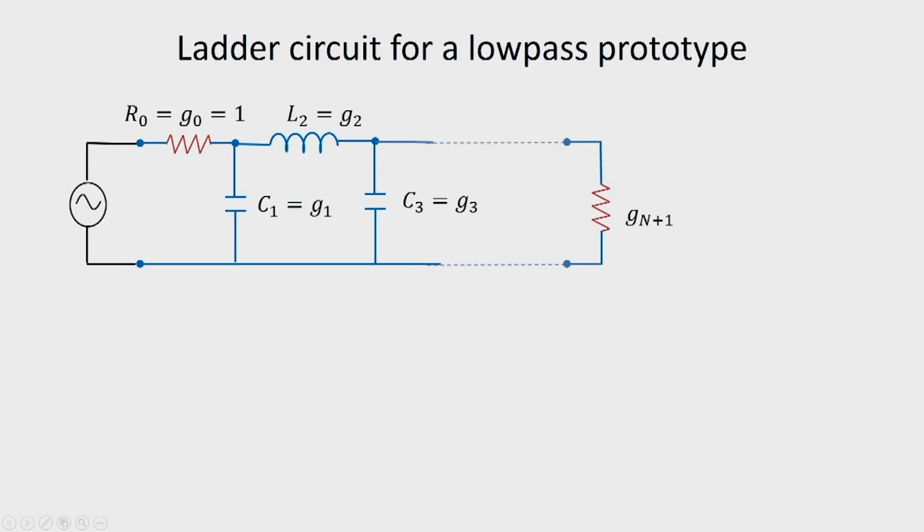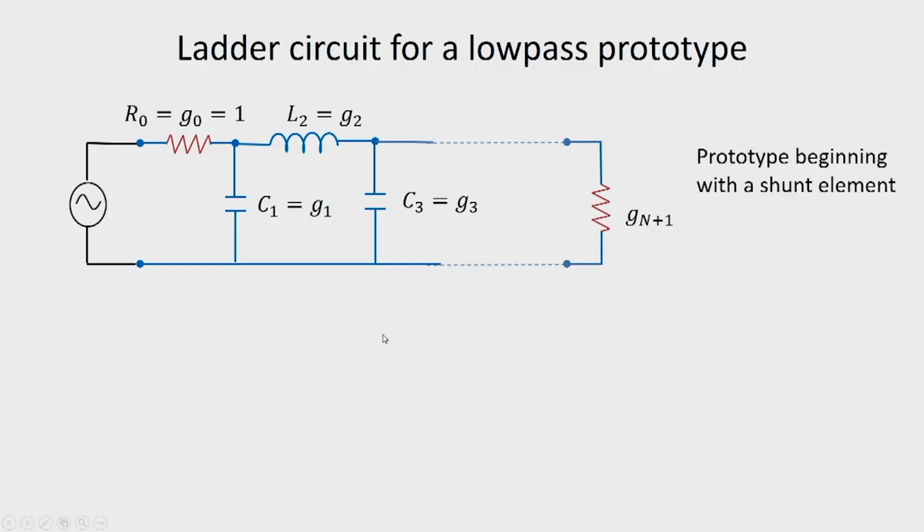Now, this can be done for a generic low pass prototype, where we have this prototype, here we have R naught equal to G naught equal to 1, then it begins with a shunt element, then we have a series element, another shunt element. So, we have this ladder network, and finally, G n plus 1, this is the load.